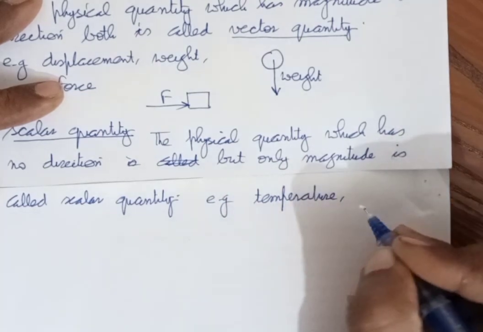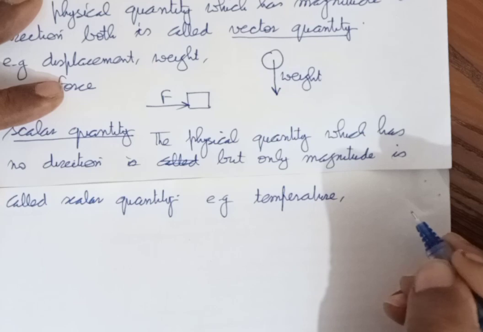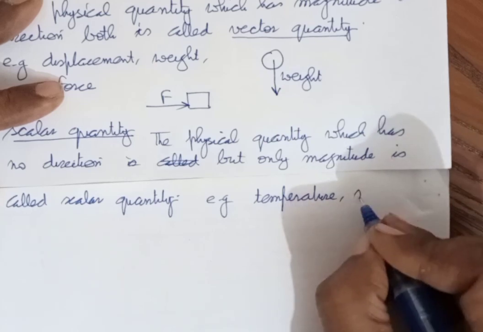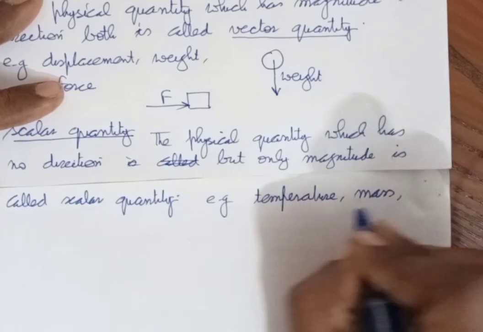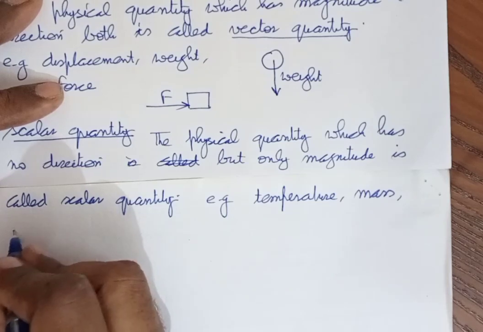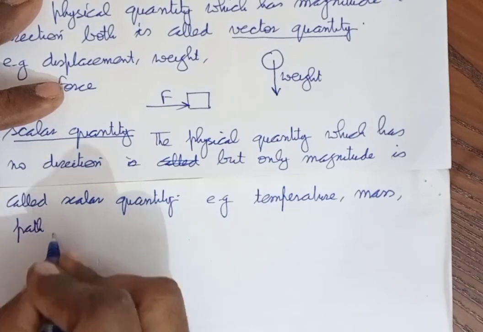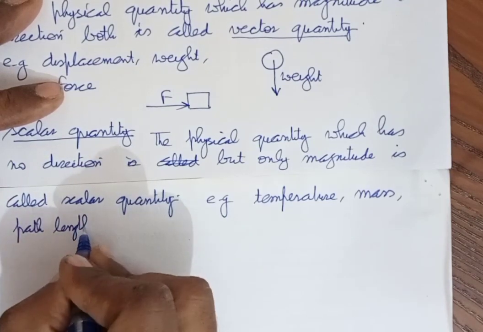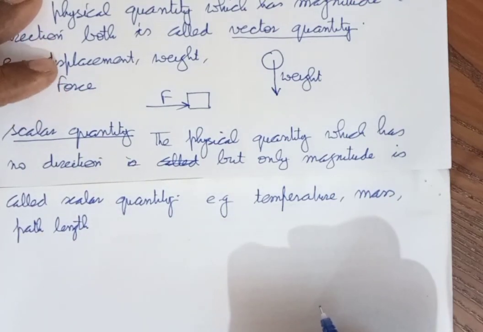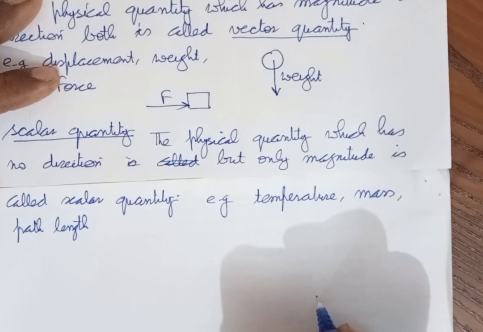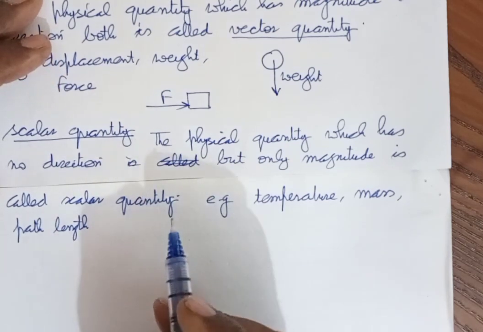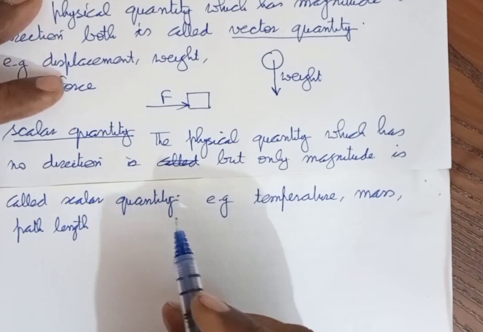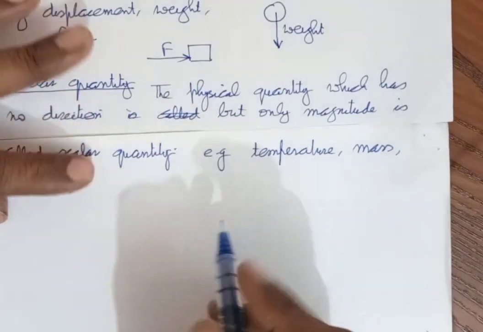Mass, your mass is 40 kg, also has no direction. In a similar manner, we have seen path length. Density of an object is also not having any direction. Heat is not having any direction. So these are the scalar quantities which are not having any direction.